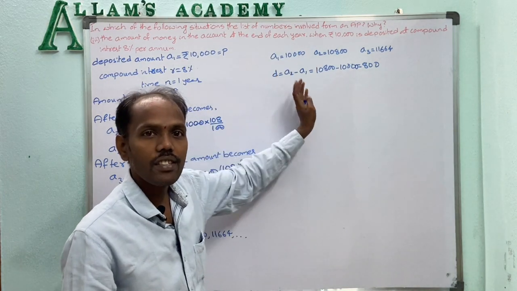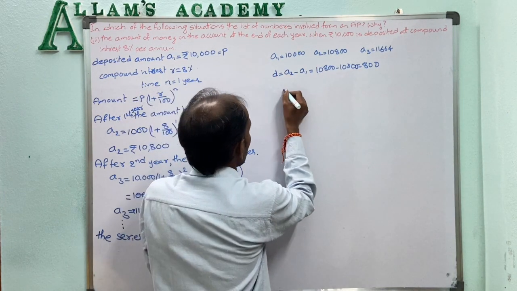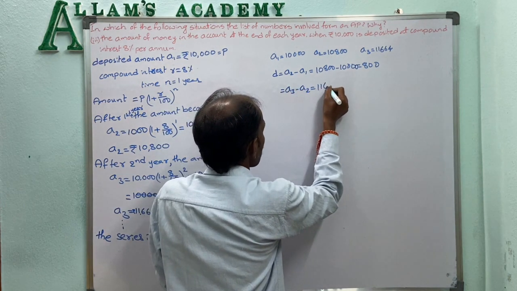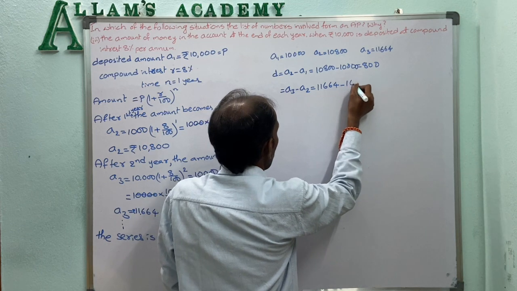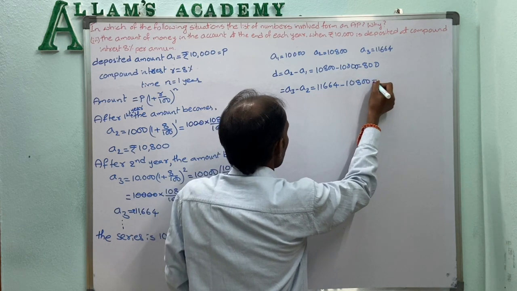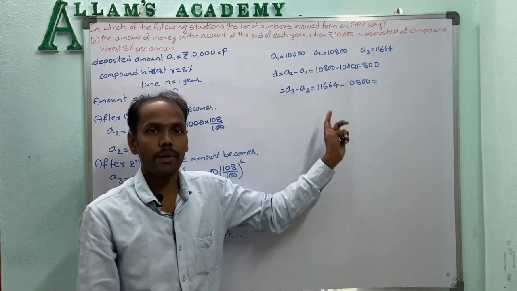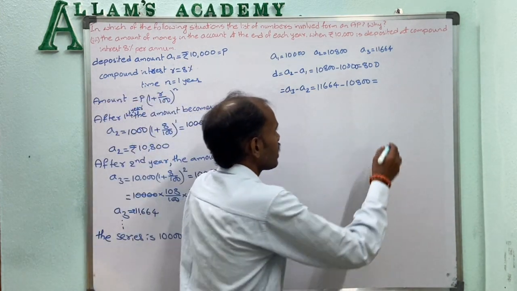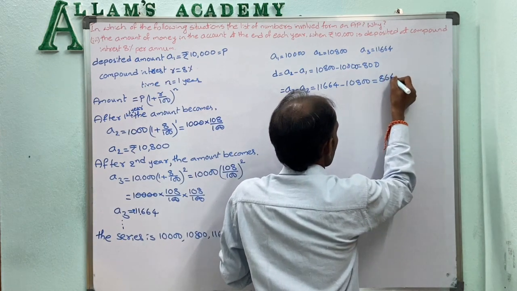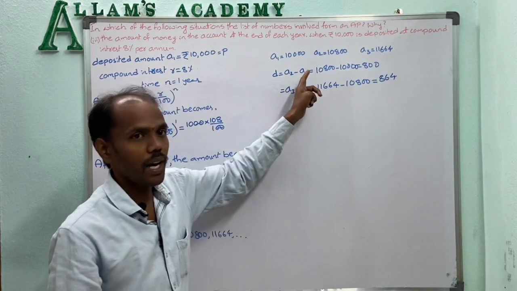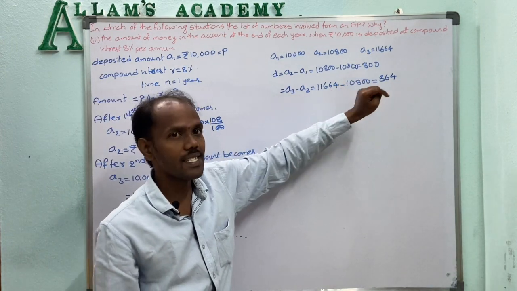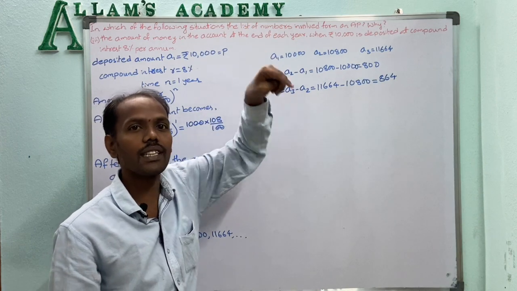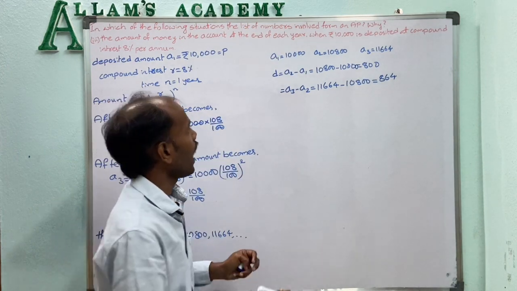Now the next subsequent two terms, that is A3 minus A2: 11,664 minus 10,800 is 864. Now here if we observe, the common difference is not equal. So now the given information does not support an AP.